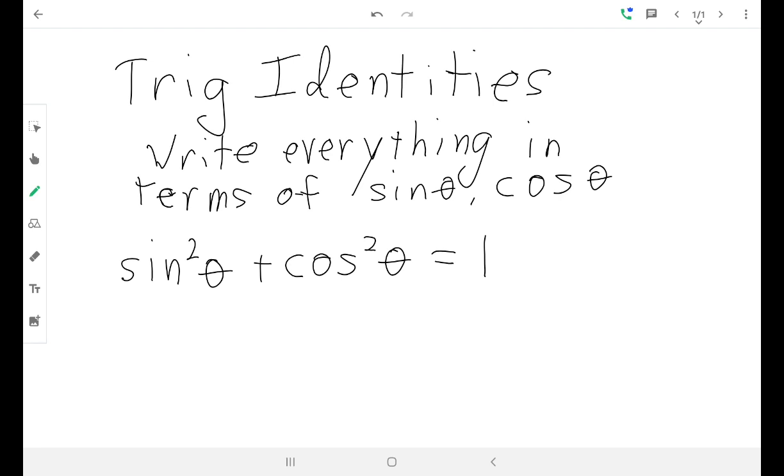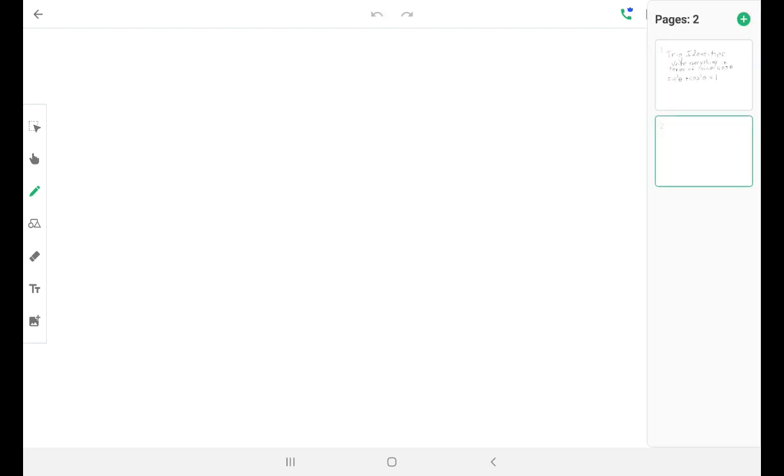So you want to use these two things in combination, and what I'm going to do first is open up a new board here, and we will talk about how to write everything in terms of sine and cosine. Okay? So let's start.